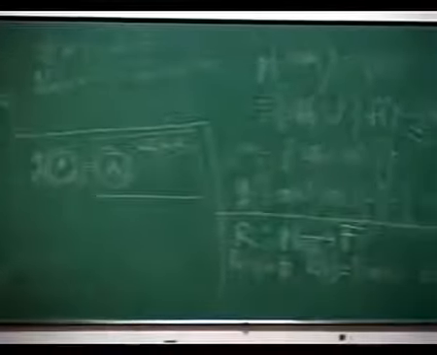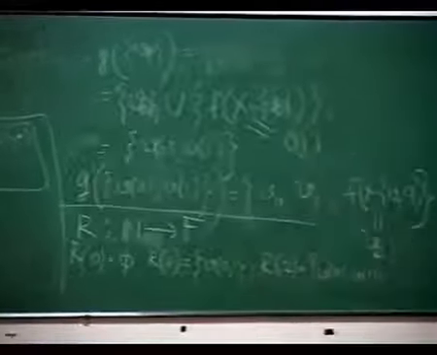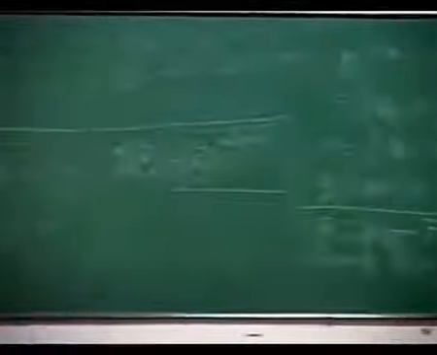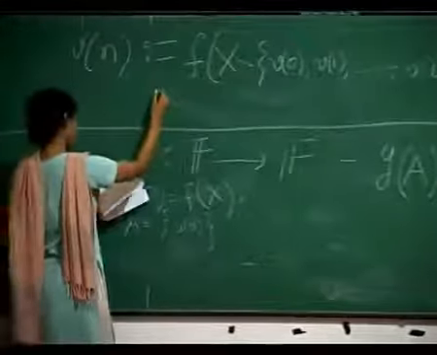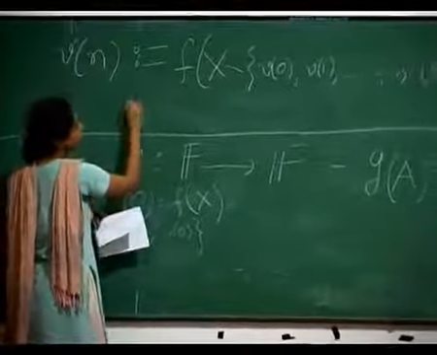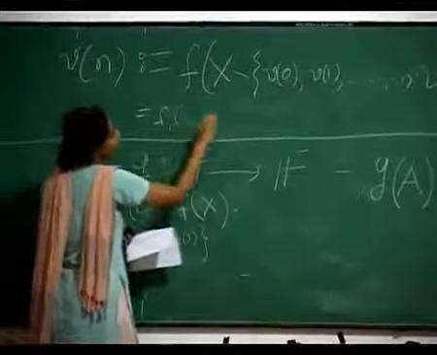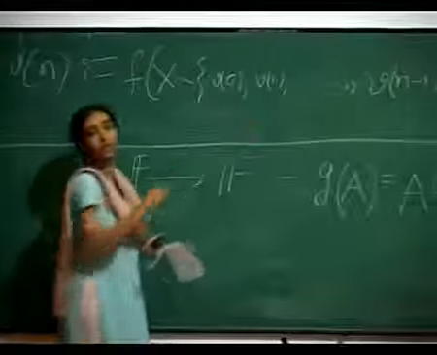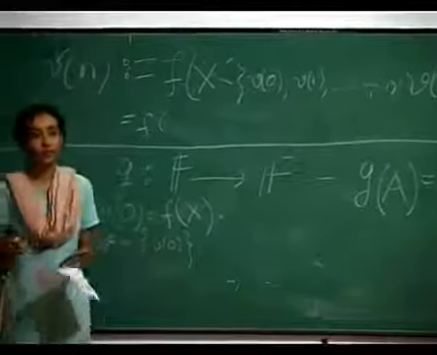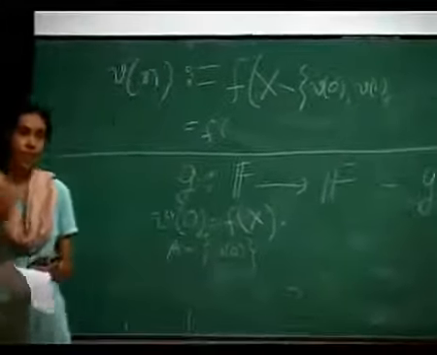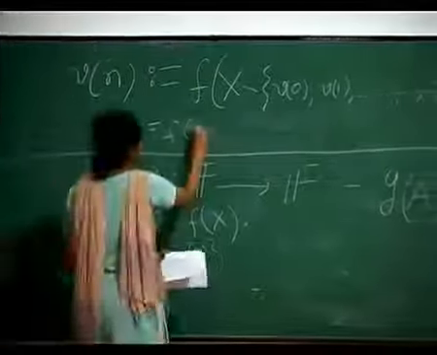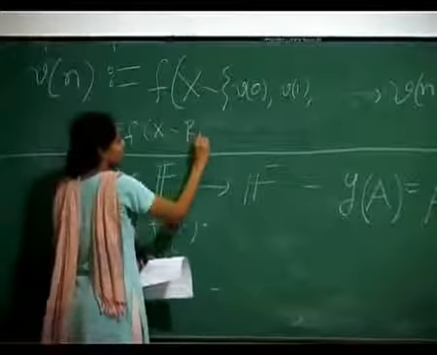So R0 is inside R1, is inside R2 and so on. Now if I define my Vn like this, what is this set V0 up to Vn minus 1? It is called Rn.